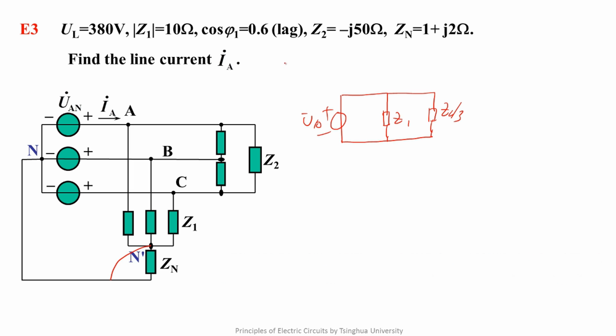Suppose line voltage UAB is 380 with 0 degrees. So UA equals this. According to the magnitude and the phase angle of Z1, we know it equals this. 1/3 of Z2 is this.